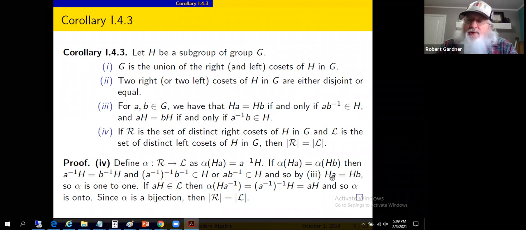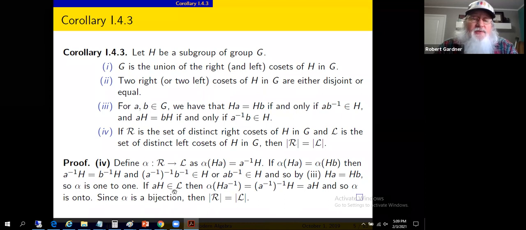So we draw the conclusion, right coset Ha equals right coset Hb. And again, what we've shown is if I get the same thing out of this mapping alpha, then I must have put the same thing in. And the thing that goes in is a right coset. We've got one-to-oneness.